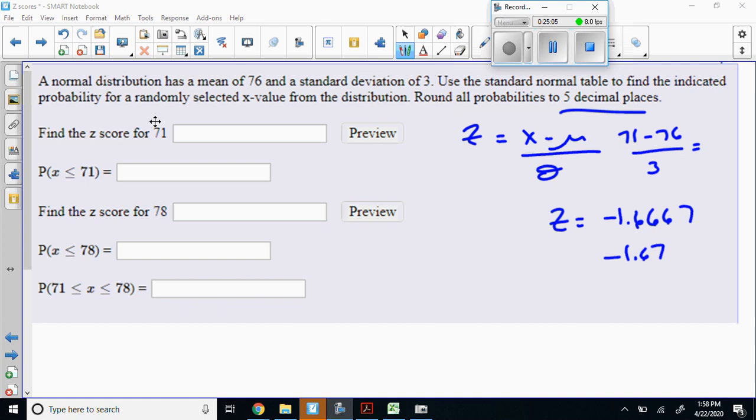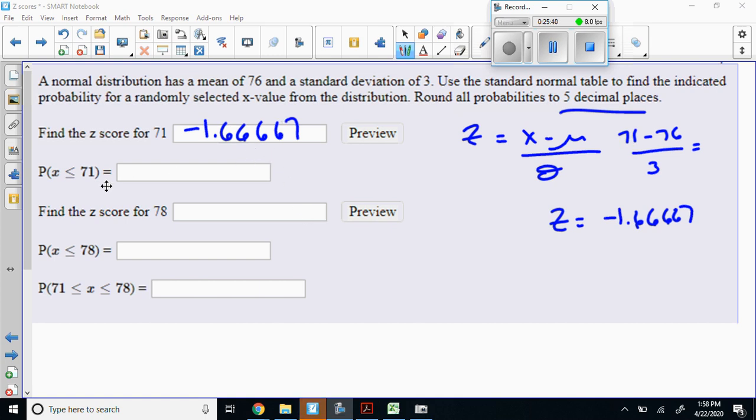Yeah, okay, so just add another 6 there. 1, 2, 3, 4, 5, 6, right? All right, so here's your value right here. Find the z-score for, okay, z-score is negative 1.666. 1, 2, 3, 4, 5, right?